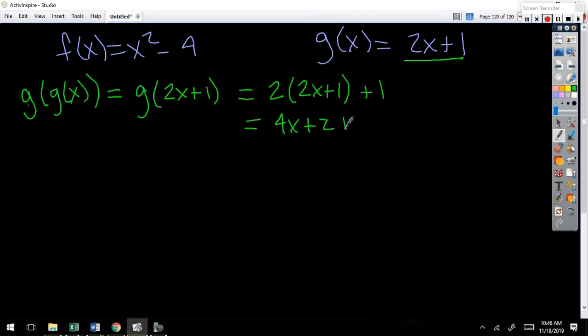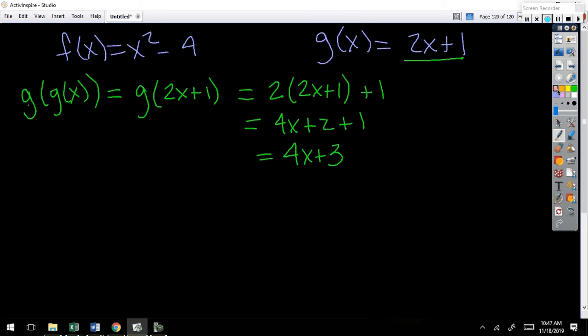4x plus 2 plus 1. Wait, so in the last one you said when you have things squared and you're adding, you can't distribute? Yeah, you'd have to write it twice.